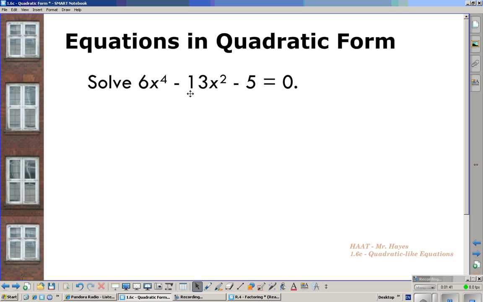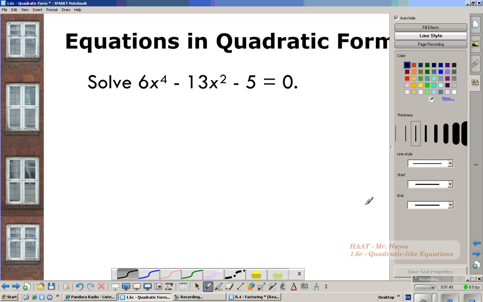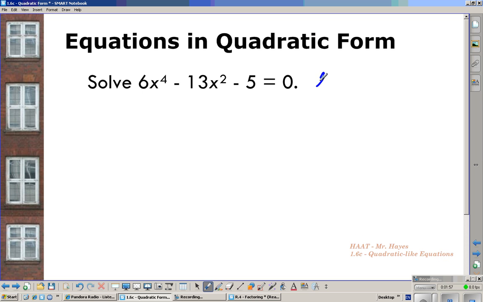Here, 6x to the fourth minus 13x squared minus 5. I'm going to change colors here just so it stands out better. If you want to make it easier to see, you're going to say something like let, I don't know, let's say a equal x squared.